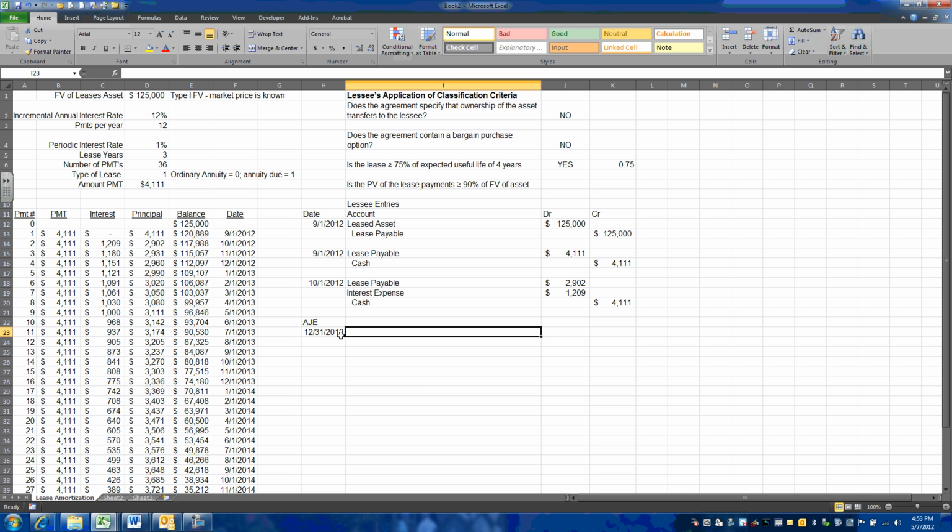Now we're going to recognize this interest expense, and we're going to establish a liability for interest payable.